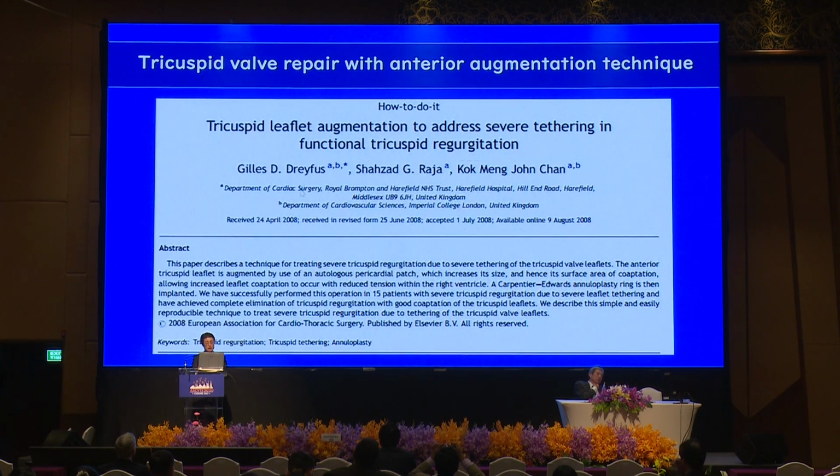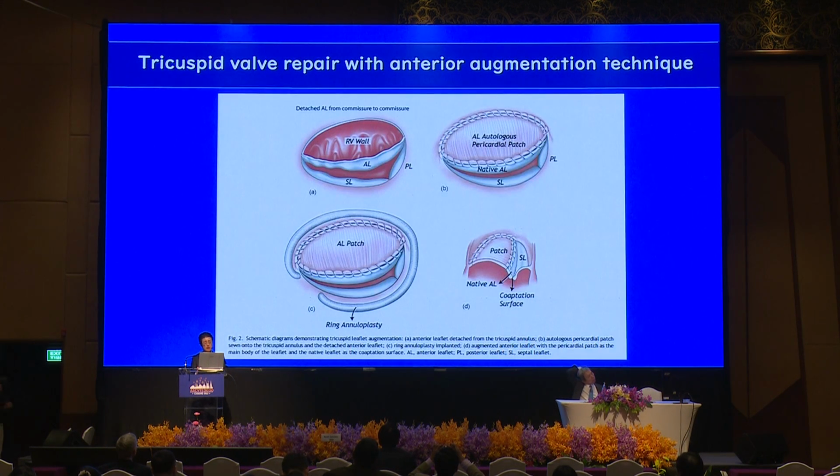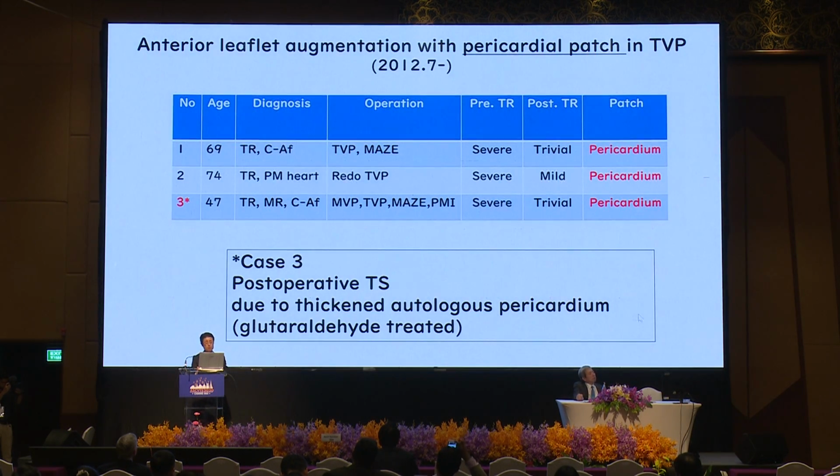And then Dr. Dreyfus reported anterior leaflet augmentation to treat severe functional TR. This is a drawing from his paper. Autologous pericardium was used to enlarge the anterior leaflet.